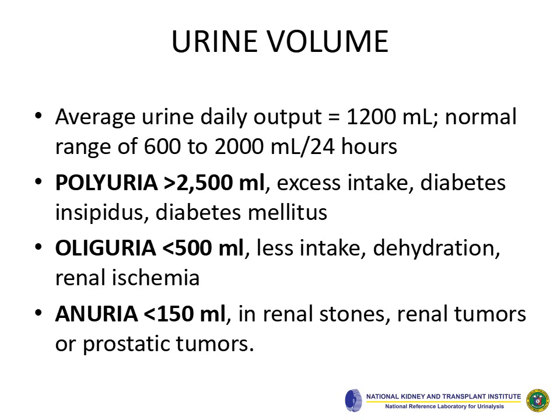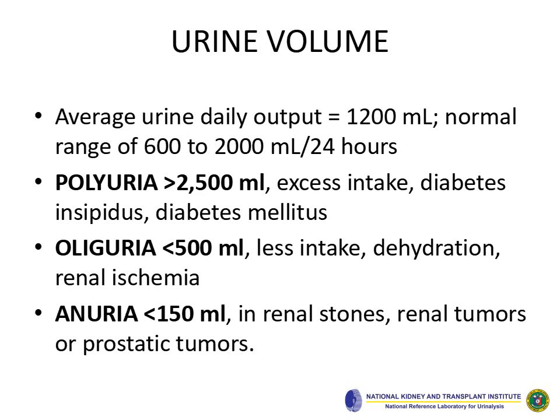The average urine daily output is 1,200 ml. The normal range would be from 600 to 2,000 ml per day. In 24-hour urine collections, if the volume exceeds 2,500 ml, this condition is termed polyuria, which is usually seen in diabetes.